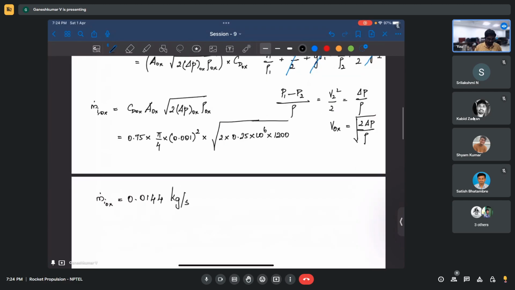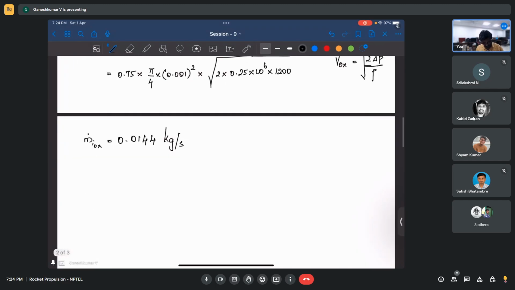This is the mass flow rate through a single orifice, right? Now let's calculate the number of orifices in the oxidizer injector.